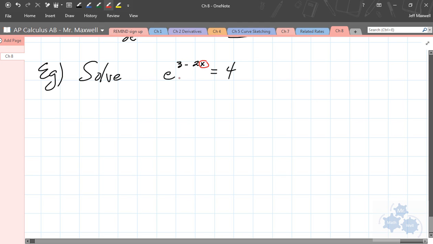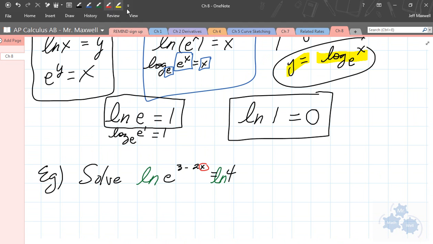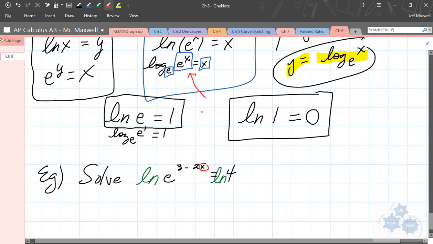In order to solve this, you would take the natural logarithm of both sides. And taking the logarithm of both sides is something you can do in an equation, no problem. So how can we rewrite this? Natural logarithm of e to the power of something equals what?